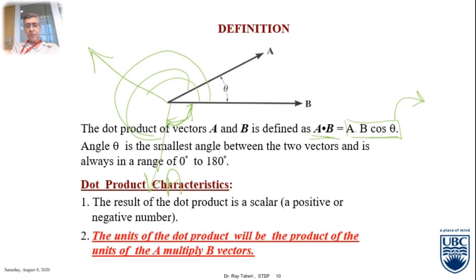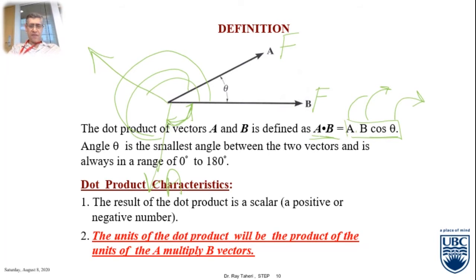Now here is kind of tricky. If this vector is force, for example, and this vector has different units, the unit of the dot product, because it has this magnitude multiplied by this magnitude, will be the multiplication of these two.